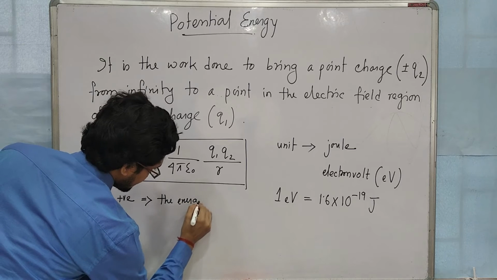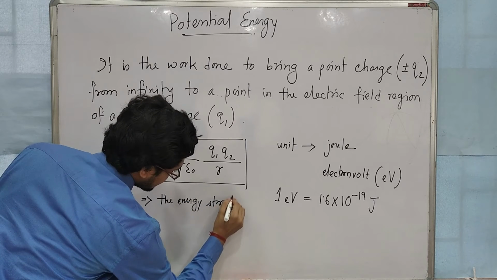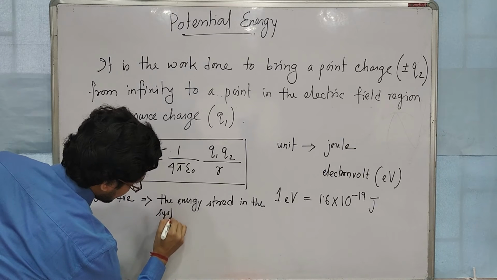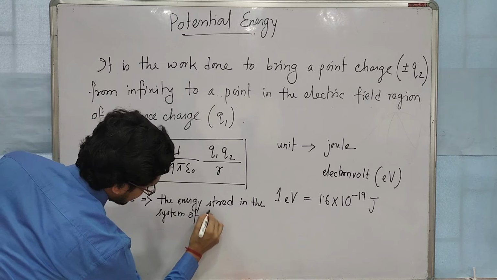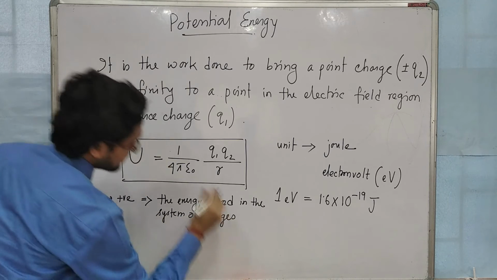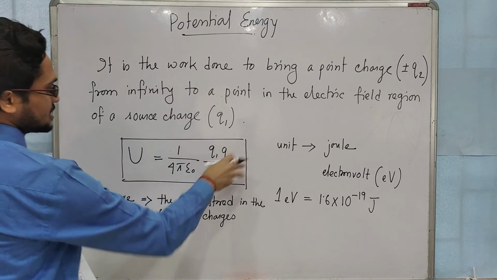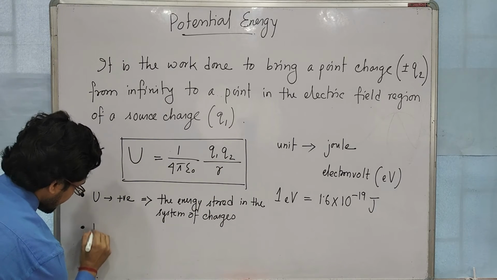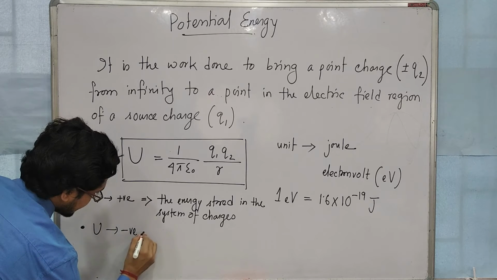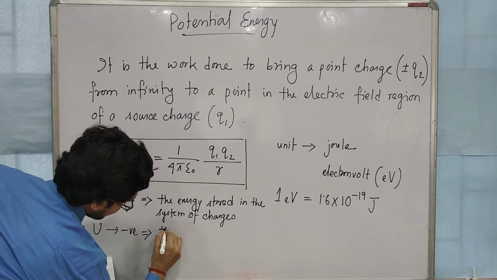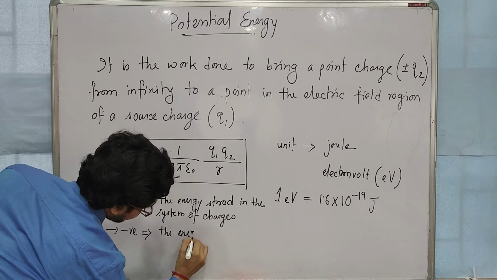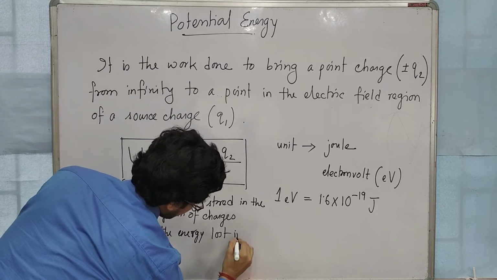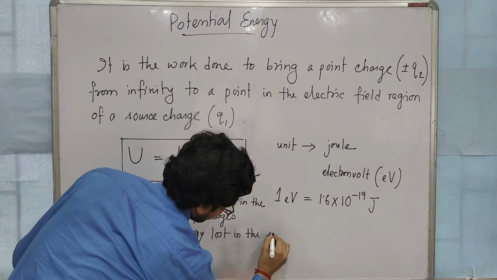The energy stored in the system of charges, Q1 and Q2. And if U is negative, that means the energy is lost in the system of charges.